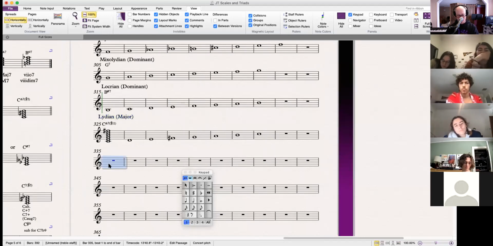One other major scale that's really useful, and we talked about this, I think, a couple days ago, is the major pentatonic scale. So it was 1, 2, 3, 5, 6. Repeat that.